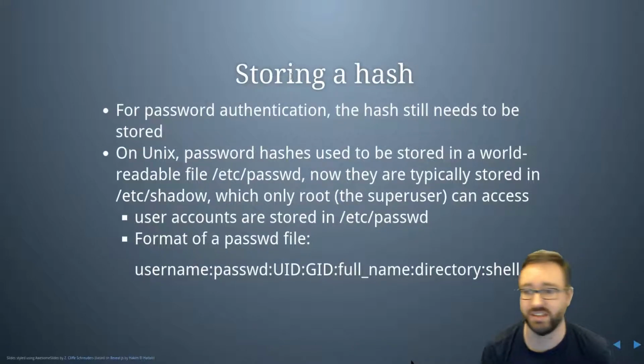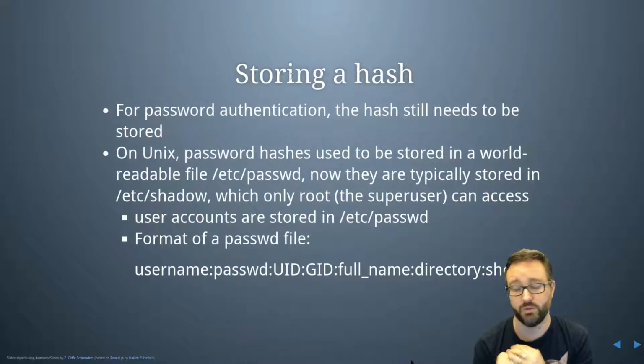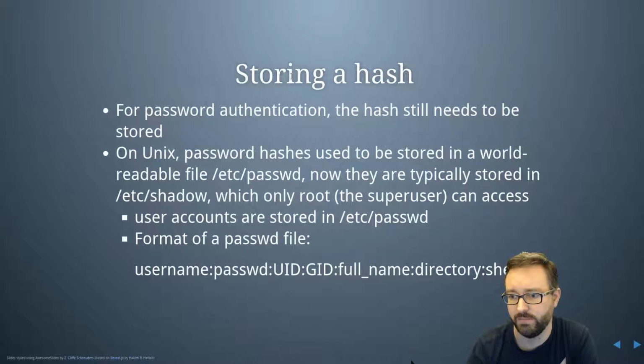So how do the passwords get stored? We still need to store them somewhere. On Unix and Linux systems, the passwords used to be stored in a world-readable place, which is the password file. But now we store the hashed passwords in the shadow file, which only root or the super user can access.